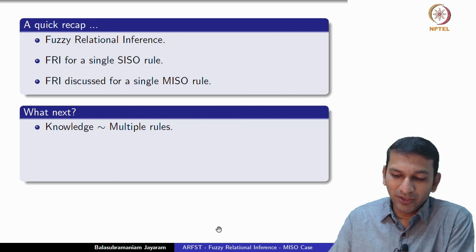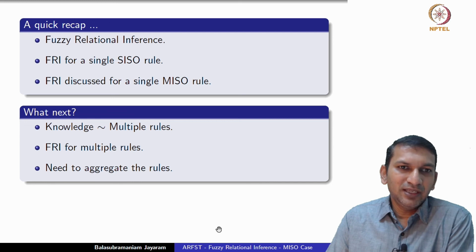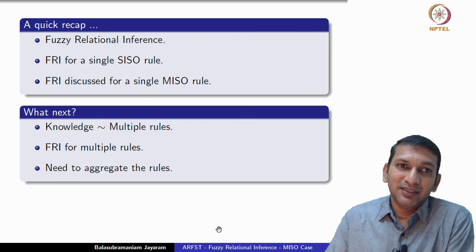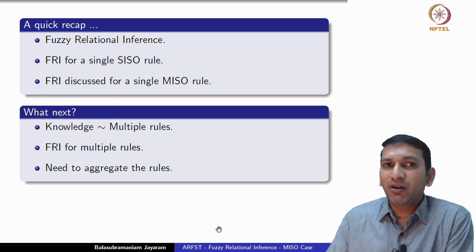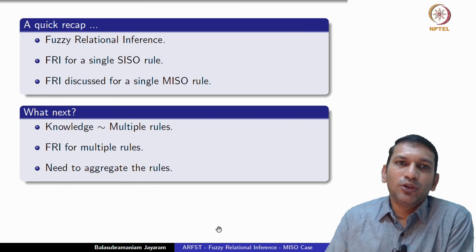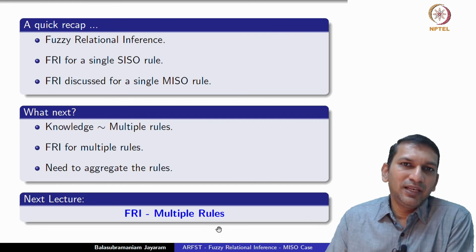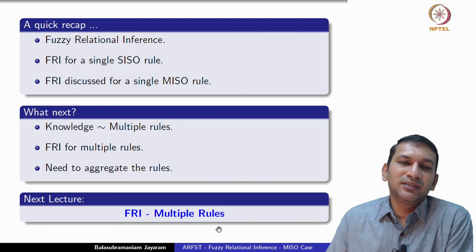We need multiple rules. We will look at fuzzy relational inference for multiple rules in the next lecture of this week. We will also see that it necessitates aggregation of pieces of information, either in the representation of the rules themselves or the local outputs. So next lecture, we will deal with how to handle multiple rules when we are inferring with fuzzy relational inference.